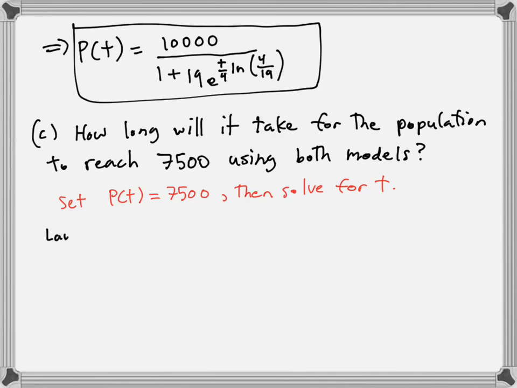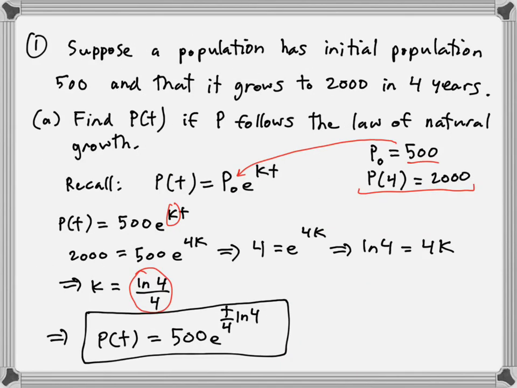the law of natural growth. So if we look at our answer that we got for the first one, it's P of t equals 500 e to the t over 4 ln 4. So we're going to substitute for P of t 7,500.